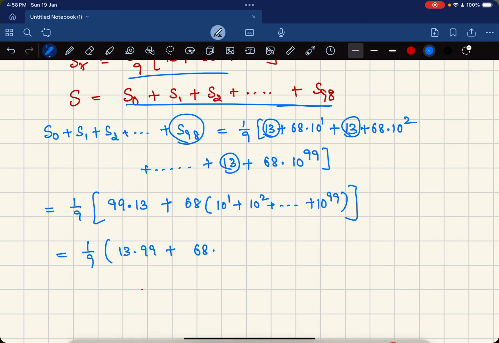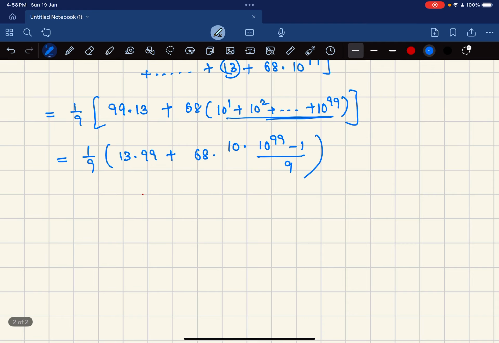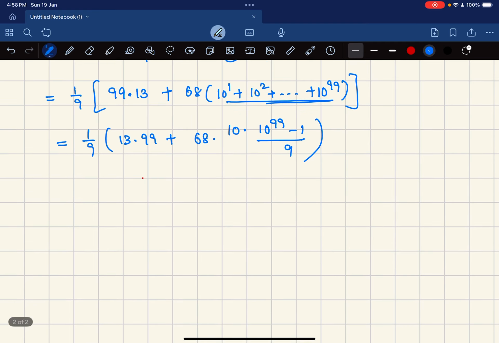So apply the sum formula for this geometric progression. So that will be 10 times 10 power 99 minus 1 upon 9. All right. Now this will be 13 times 11 plus 68 by 81.